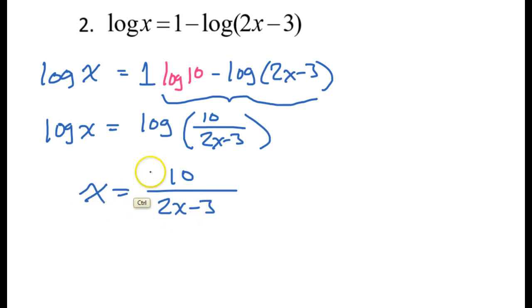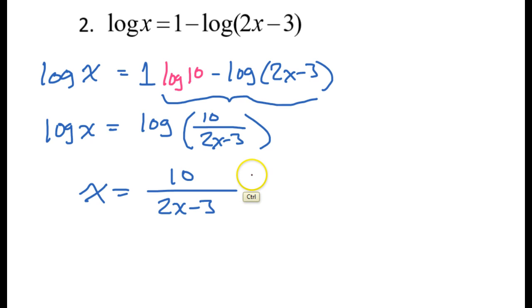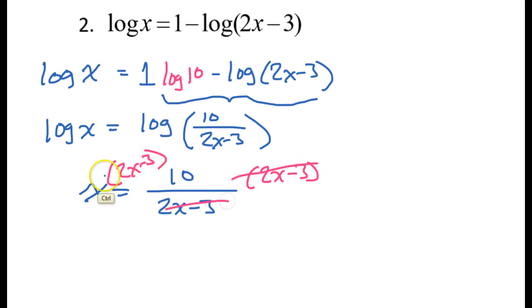So now I just need to solve this for x. I would multiply both sides of the equation by 2x minus 3. Over here these will just cancel each other out. On the left side I'm going to have to actually do the distributive property.